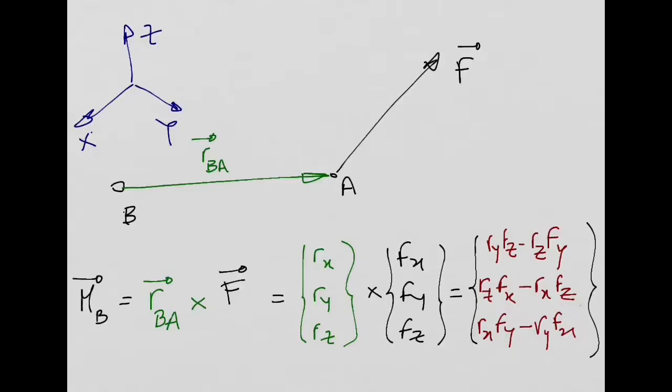So I can say that the result, so I'm going to put it in red here, the result of this cross product is going to be a moment which is a vector, and so I will represent this vector like this with two arrows at the tip. At the tip, if we put two arrows, we know that it is a moment. Some authors, they represent in a different way.